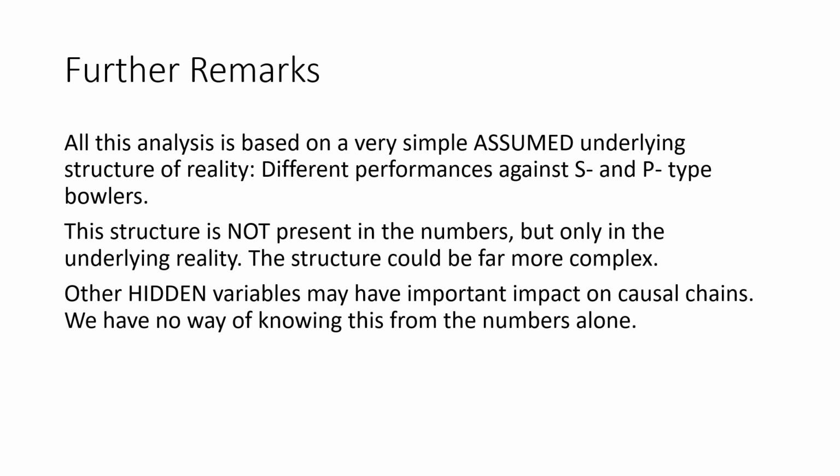And we have no way of knowing about this from the numbers alone, but somebody who has spent his years studying players and cricket and scores will have a lot more knowledge about the factors which matter, and his analysis will be much deeper than any statistical analysis could achieve.